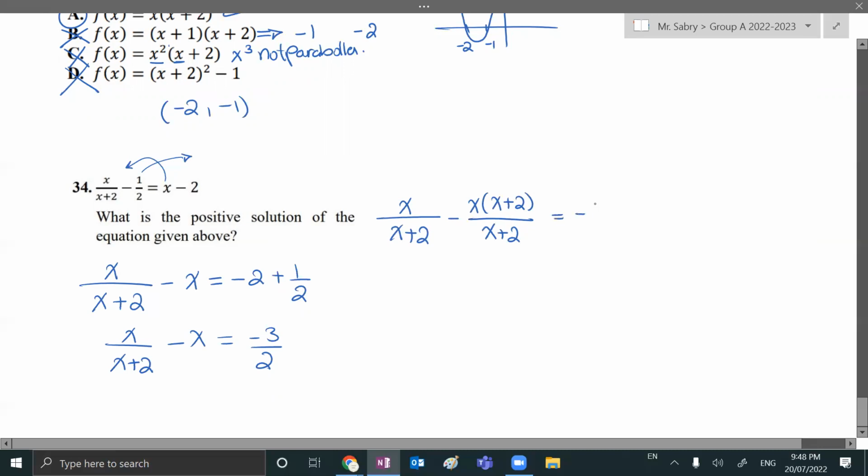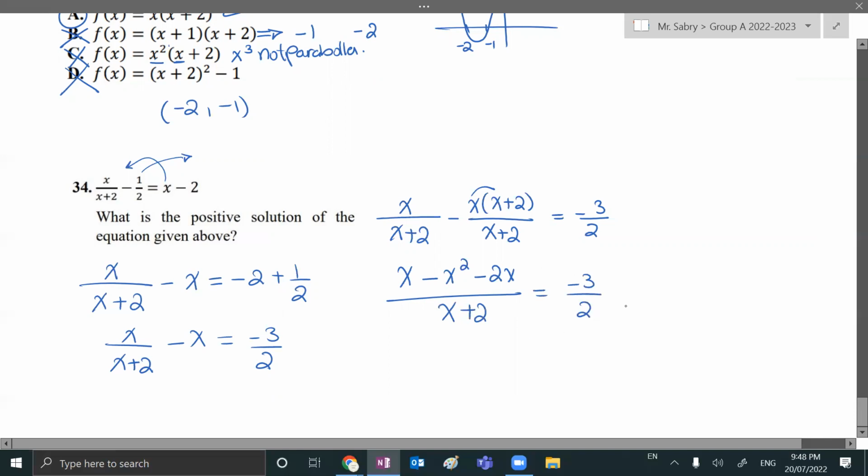All of this is still equals negative 3 over 2. Now this x will remain and then minus x times x is just x squared. Now negative x times 2 is just negative 2x all over x plus 2, only once, we don't write it twice. All of this equals negative 3 over 2.